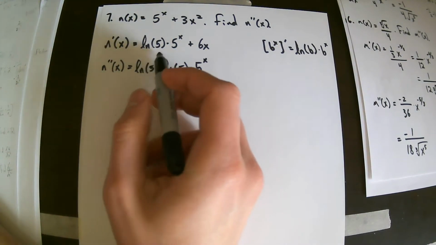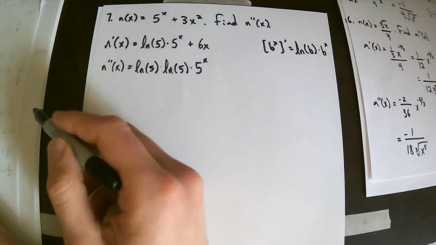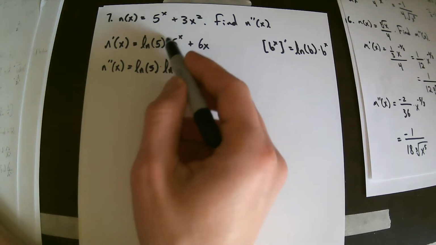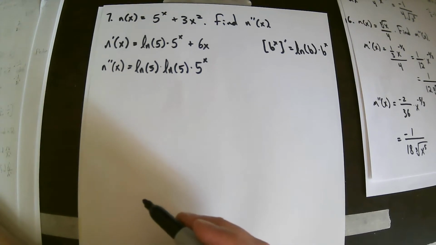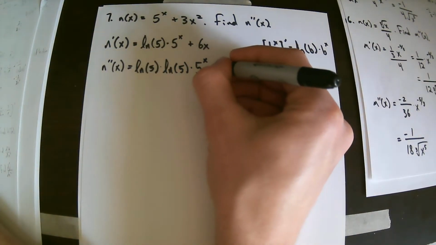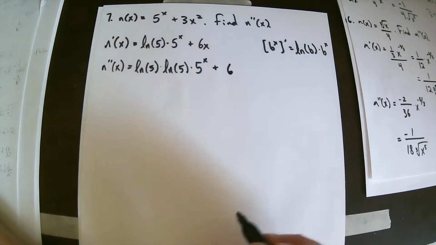So the first ln of 5 comes from the first derivative, and then when I take another derivative, the derivative of this exponential function throws in another natural log of 5, and then plus 6 for the polynomial.